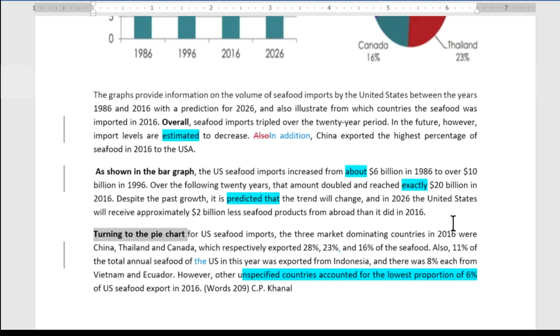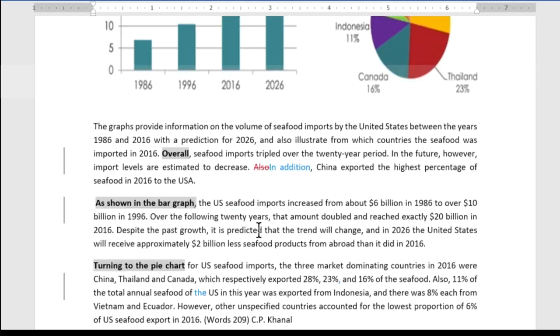I can really see the quality of the task achievement. This is really well laid out. This statement here, overall, I know this is the overall summary. I know to look here. I know here it is. I know this is about the bar graph. I know this is about the pie chart. Let's sort of stop there on the task achievement and let's have a look at the cohesion and coherence a bit more in detail.